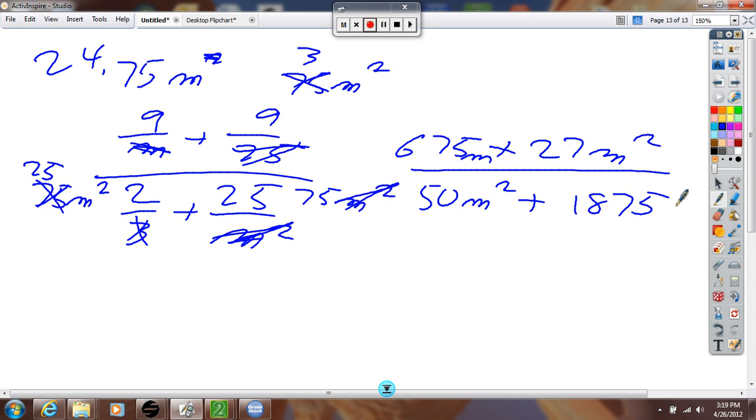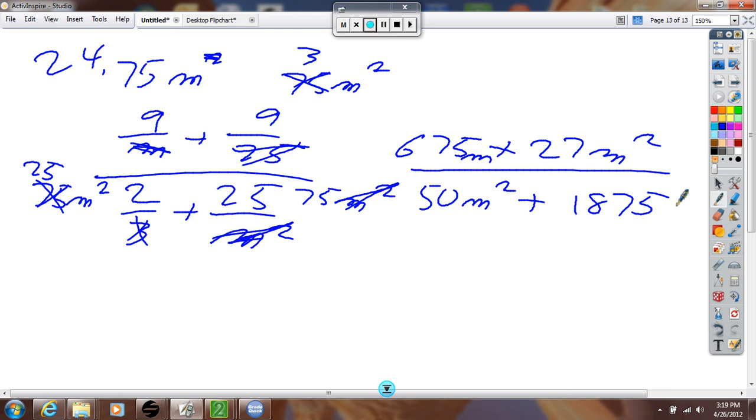Do we have an m in all of them? No. Don't have an m down here, so none of the m's can cancel. Now the question is, do I have a number that goes into all of them? What goes into 27? 27 is the smallest one. Nothing but 3s.